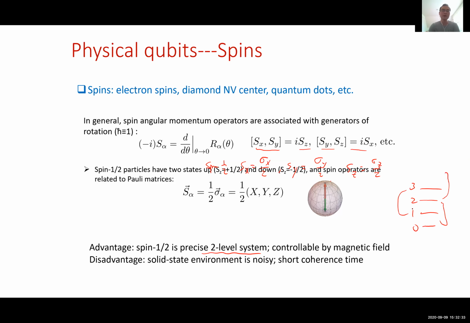But spin 1/2 is a precise two-level system and can be controlled by a magnetic field. The disadvantage is that in most of these, they are in a solid state environment. It's very noisy, has impurities and inhomogeneity. The coherence time is usually very short.